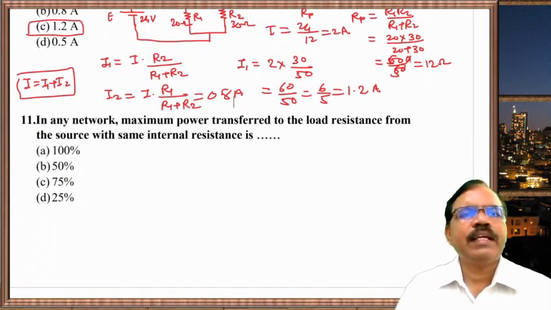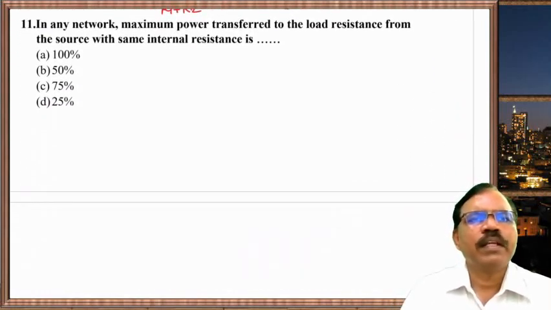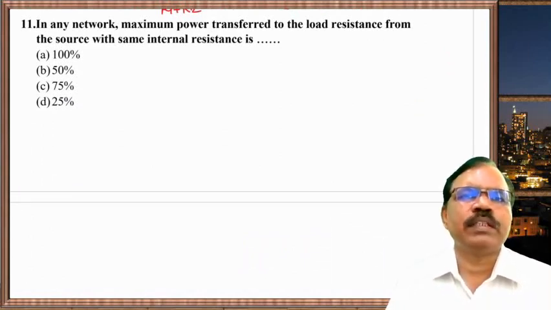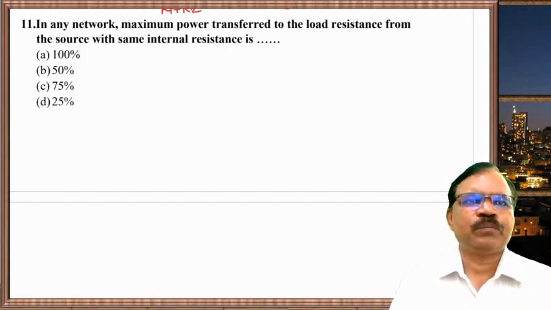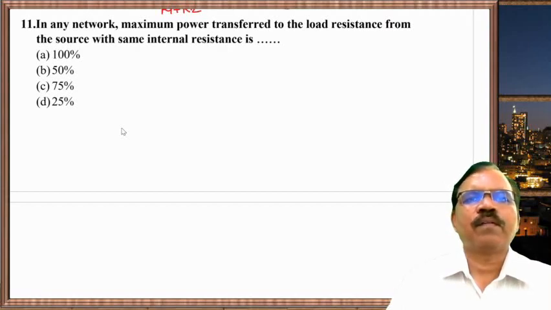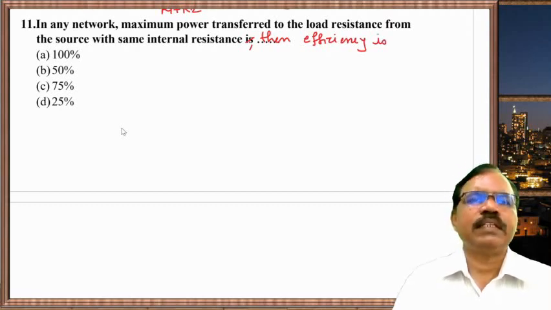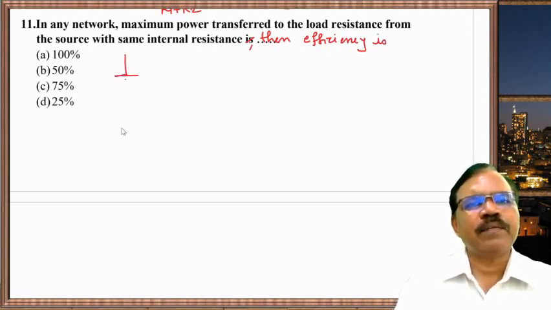Now in any network, maximum power transfer to the load resistance from the source with same internal resistance, then efficiency is. Now here we have seen already E, this is internal resistance of the source.